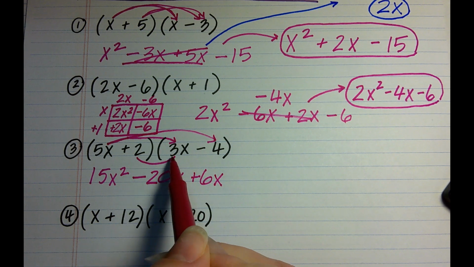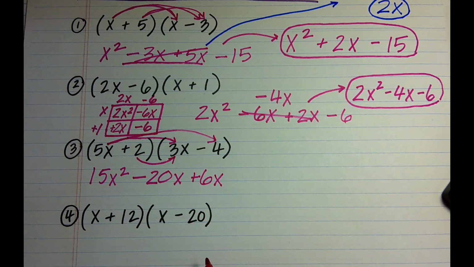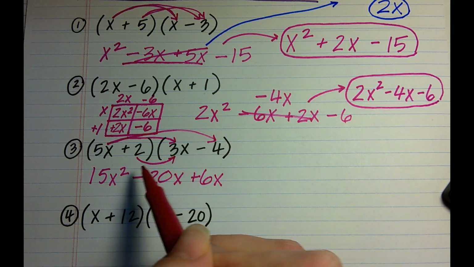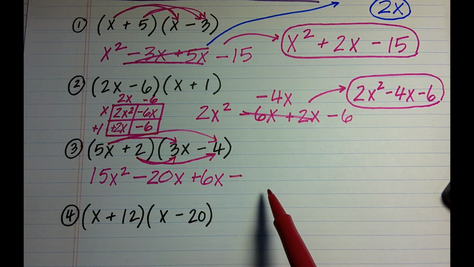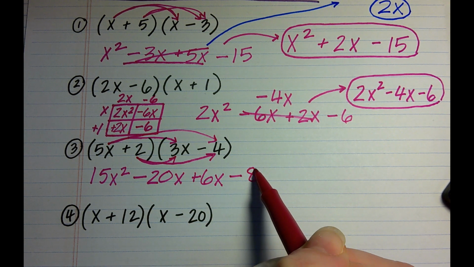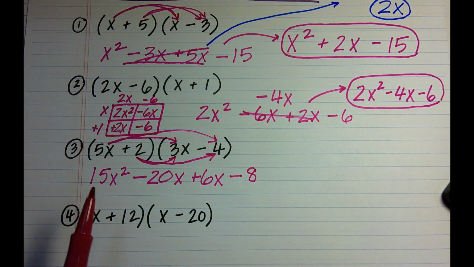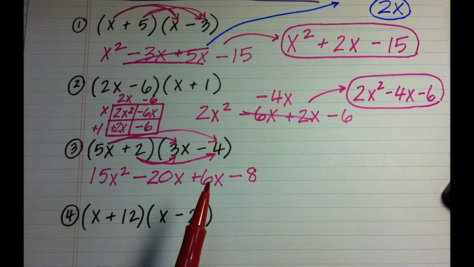And last but not least, 2 times -4, which gives us -8. All right, so whichever method you used, we should have these 4 terms: 15x squared minus 20x plus 6x minus 8.